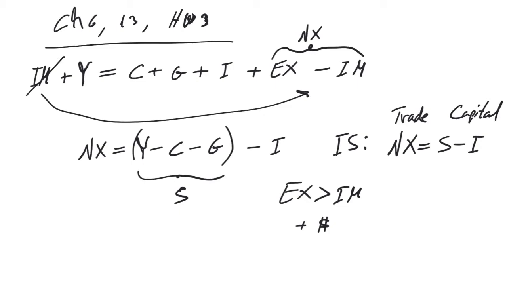And at the same time, savings must be larger than investment, and so we're going to have negative capital account. And so capital will flow out of the country because we have more capital than we need for our own investments, so we will be investing in another country.